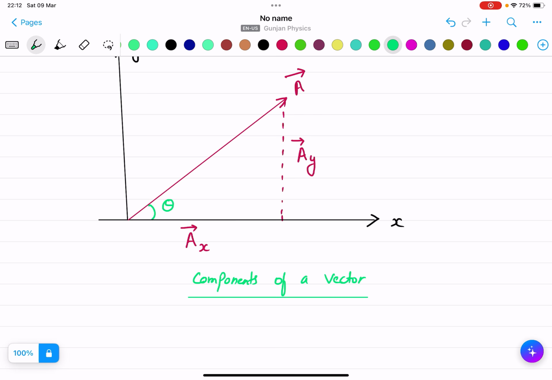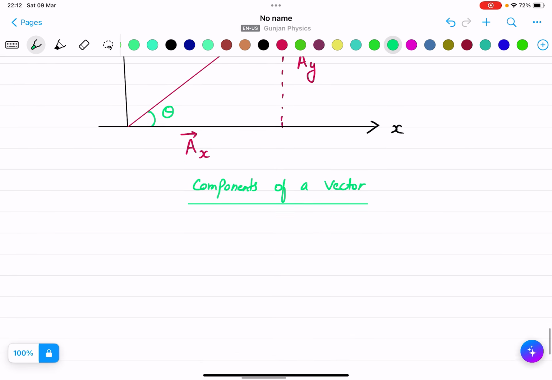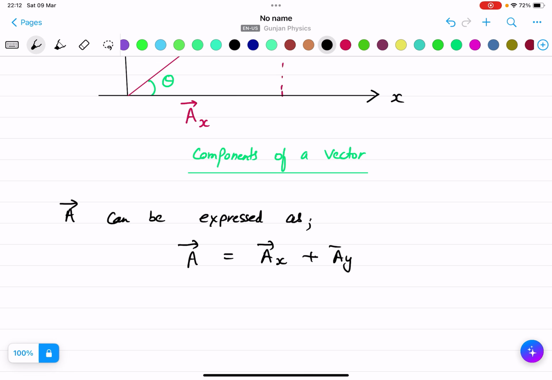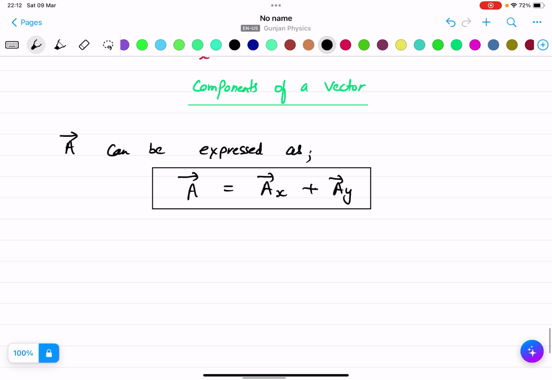We have studied this in the first topic when I started the chapter. So what will happen? A vector can be expressed as A vector equals to AX plus AY, where AX is the projection of a vector along which axis?